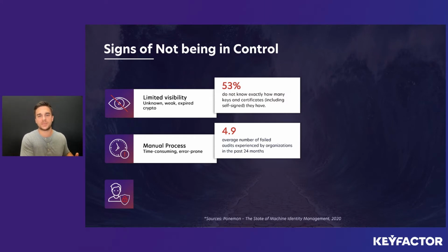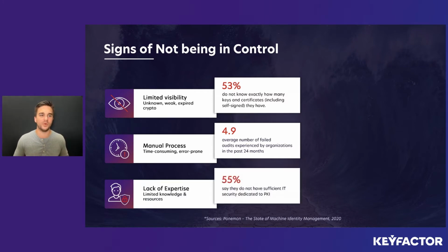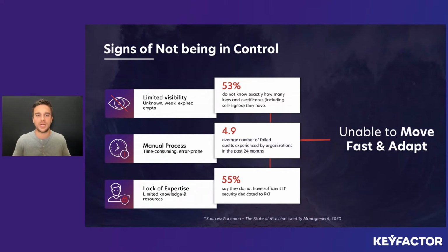So you have this time-consuming, error-prone process that leads to failed audits and more and more outages because you don't have proper automation or orchestration in place. And then the last one really gets to the people problem, which is this lack of expertise. 55% say that they don't have sufficient IT and security staff dedicated to PKI management. And all this leads to this feeling that you're unable to move fast and adapt to all the certificate-related issues that you may have.